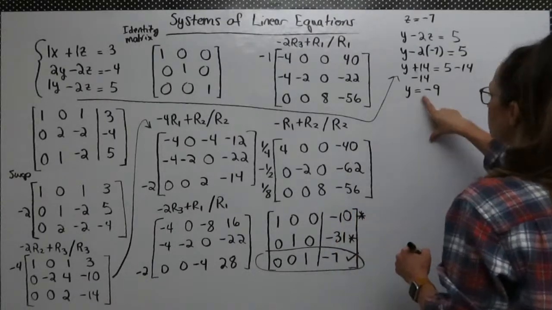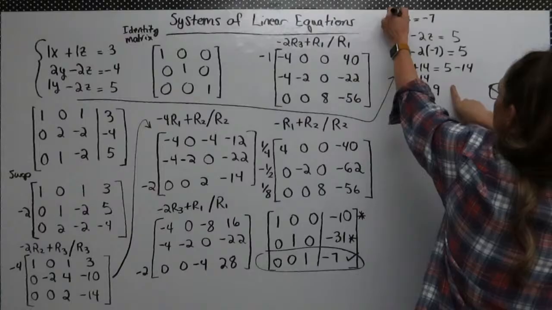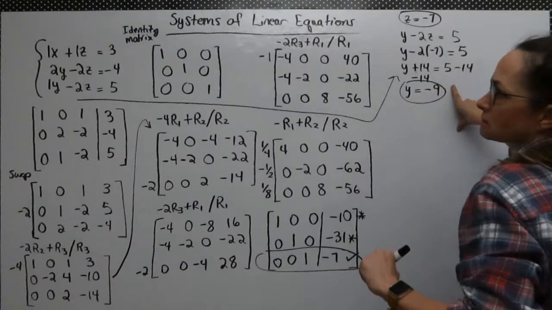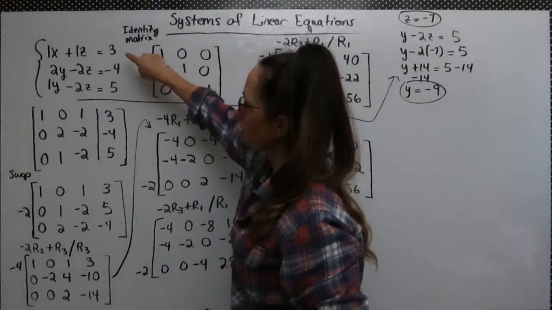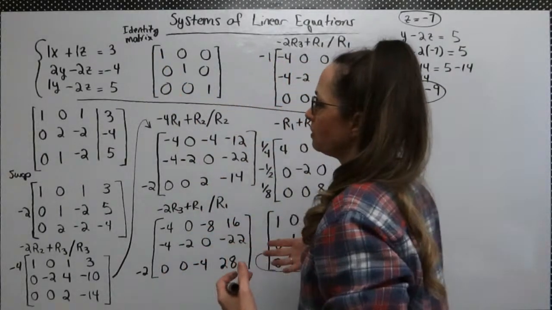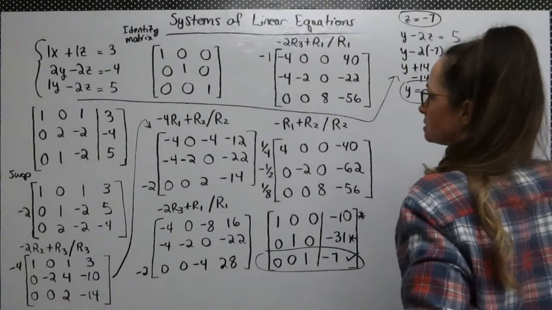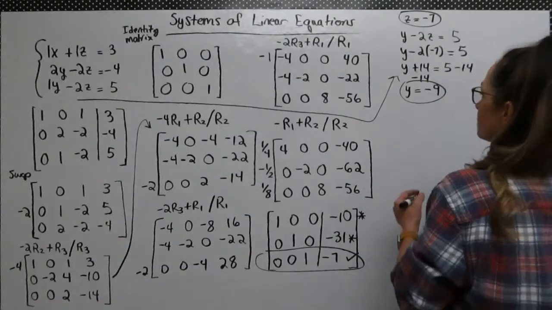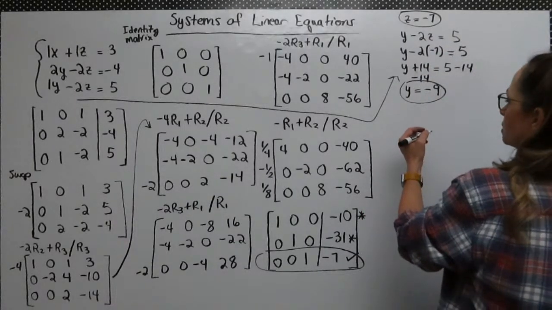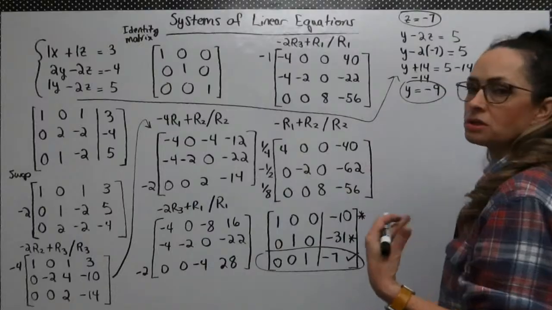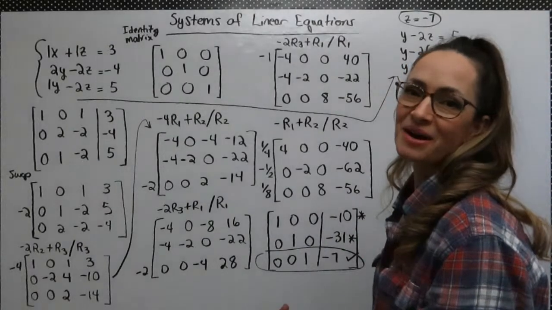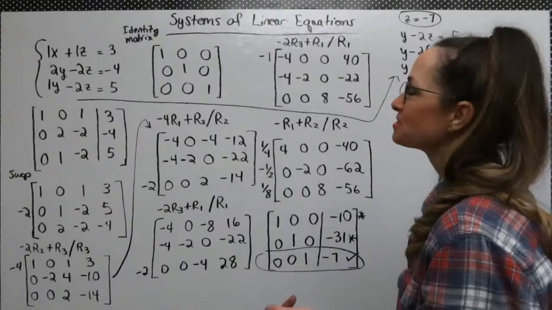So since we have Y and Z, we can figure out what X is. We'll have to use the first equation because that's the only equation involving X. Since I wasn't able to solve it using matrices, I will resolve it in my spare time and come back on Monday and we'll start here.